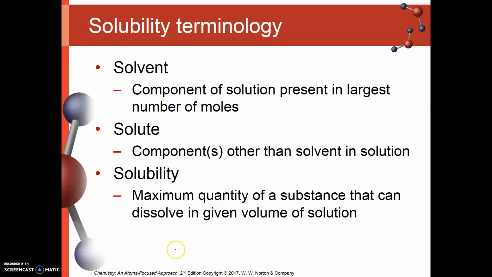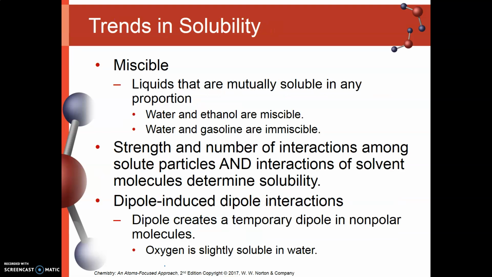Usually this value for solubility is expressed in grams of solute per 100 milliliters or 100 grams of water, or whatever the solvent is. So we express solubility in terms of grams per 100.